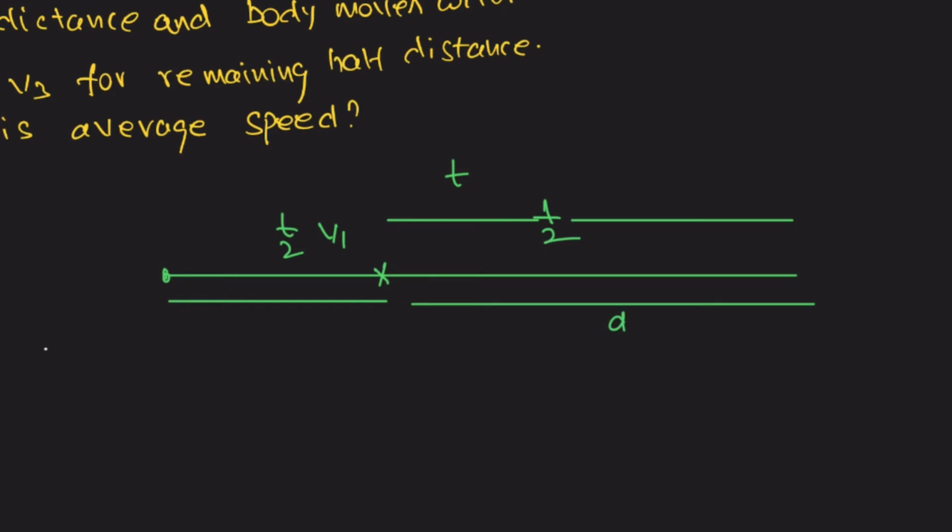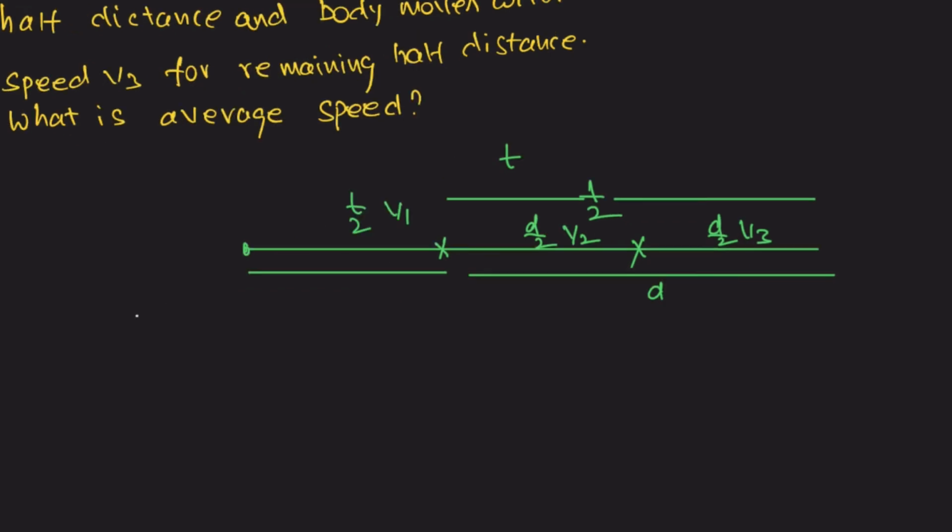Half of the distance, suppose this is d by 2, moves with speed v2, and the remaining half distance it covers with speed v3. So what is the average speed formula? The average speed formula is total distance by total time.